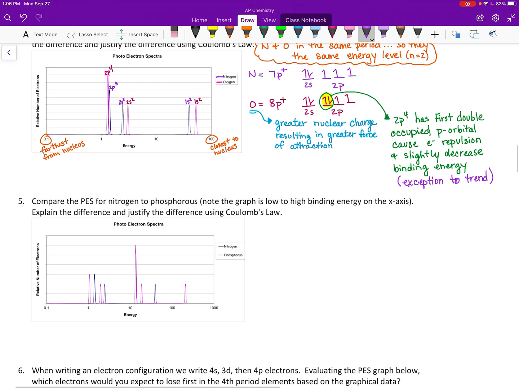Okay, let's do the same thing, but now looking at nitrogen versus phosphorus, which are in different energy levels. Okay, so nitrogen and phosphorus are in different periods. Okay, so different energy levels.